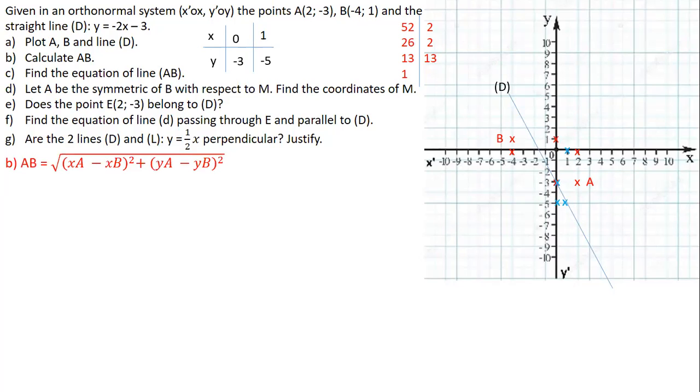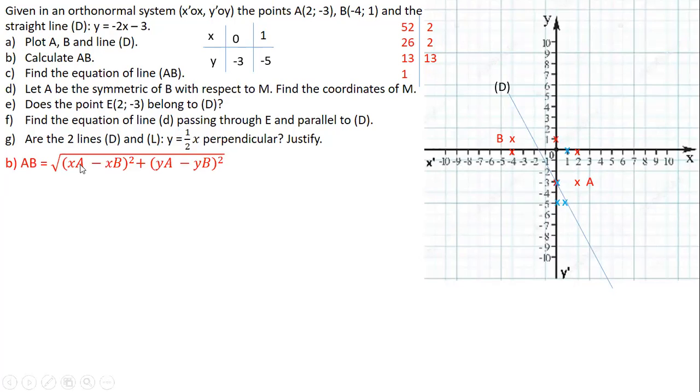Okay, this is the rule, Lana. Please don't forget it. Any segment I want to know its length in a system of axes, AB equals this.